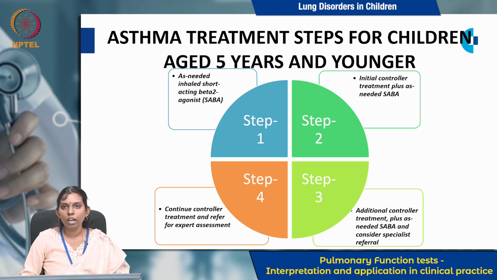If the child is still not getting control, then we move on to step 4, where we continue the controller treatment, which is your inhaled corticosteroid, and we refer the child for expert assessment. It is not only referring them to a specialist, they have to do the investigations pertaining to persistent asthma.